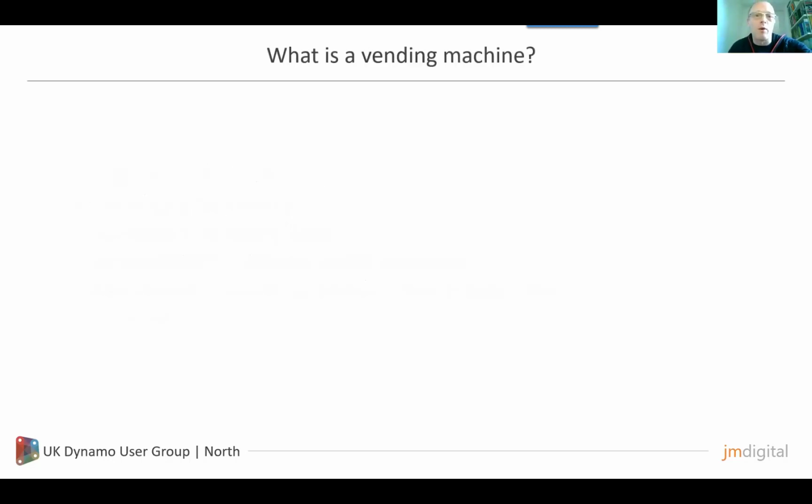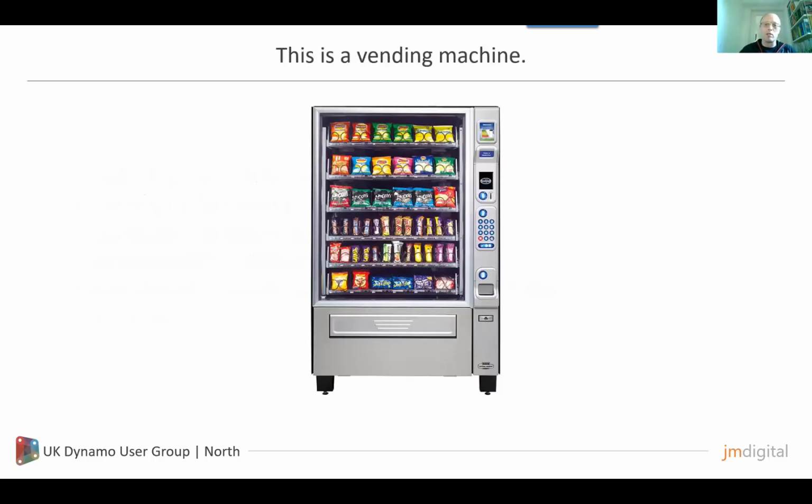So the first question I want to ask is, what is a vending machine? Because we're here to talk about dictionaries, what I wanted to do was talk about a vending machine first. So this is a vending machine, and a vending machine is full of chocolate bars and bags of crisps and everything else. If I put in my money and I type in 401, the vending machine will dispense me a Mars bar.